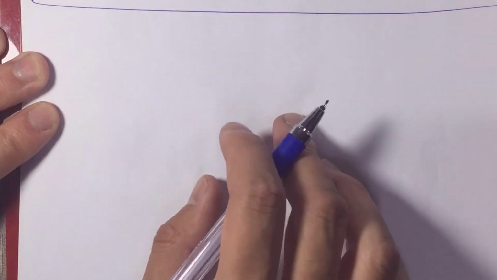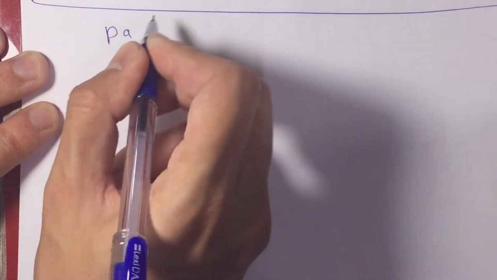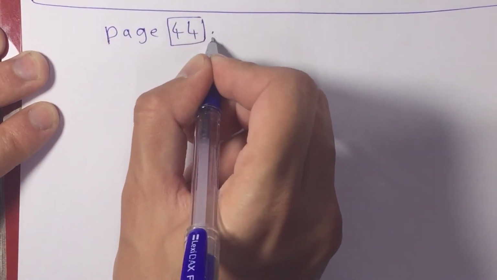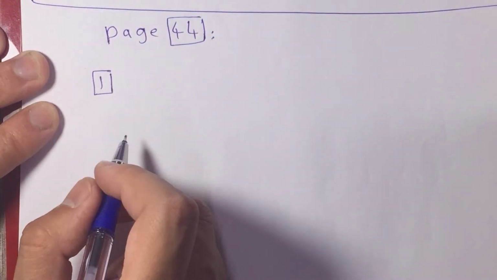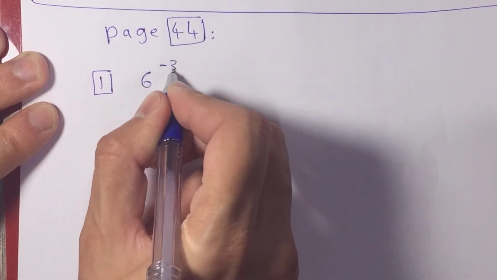If we have the following question, let's take an example from page 44, example number 1, which is 6 to the power of negative 3.